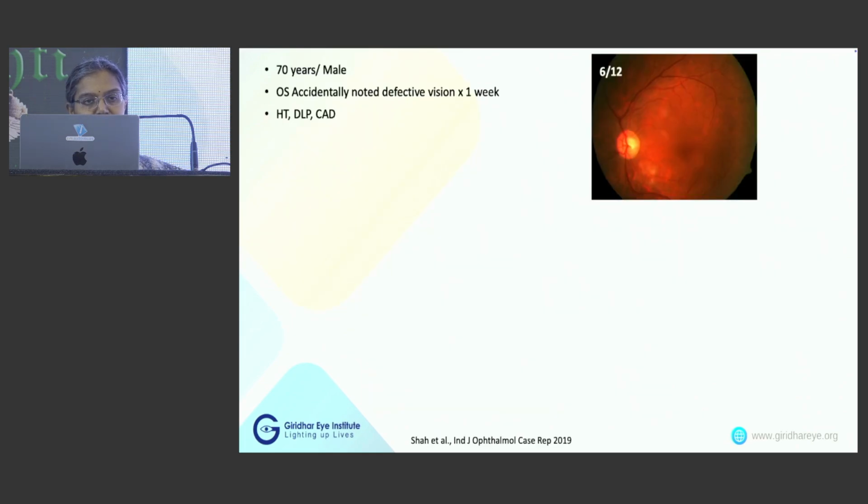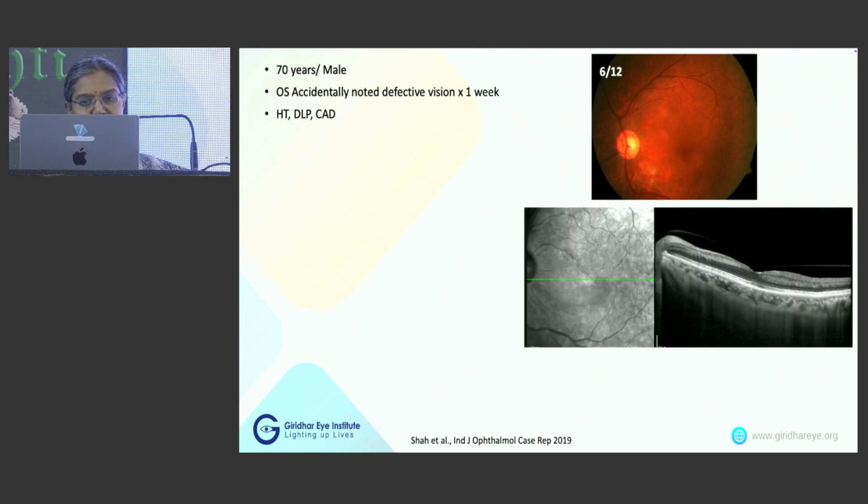This is another elderly male with defective vision in the left eye. Fundus examination was not very significant, but OCT showed a prominent middle reflective layer in the inner nuclear and plexiform layers with a dark gray paracentral zone in the near infrared image, suggestive of paracentral acute middle maculopathy, or PAM as we call it.